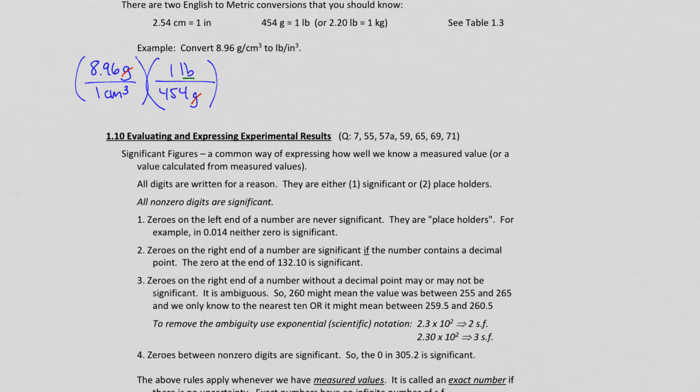Now we have to go centimeters cubed to inches cubed. Just like that problem where we had square units, but now instead of doing our conversion factor twice, we have to do our conversion factor 3 times. So we want inches in the denominator.